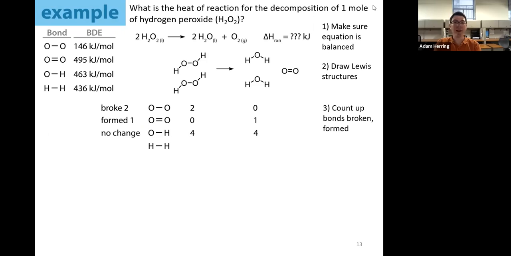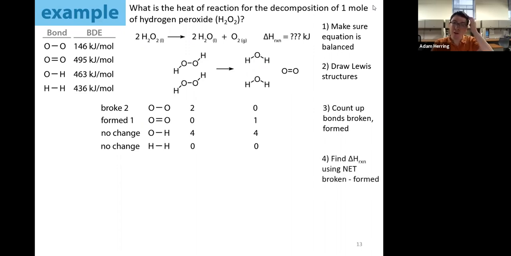And so there's no net change. For the hydrogen-hydrogen bonds, there are none that exist to begin with, and there are none that we form. But it's important to verify for each possibility. So what we see here is that we break 2 oxygen-oxygen single bonds, we form 1 oxygen-oxygen double bond, and that there's no net change for the other types of bonds.